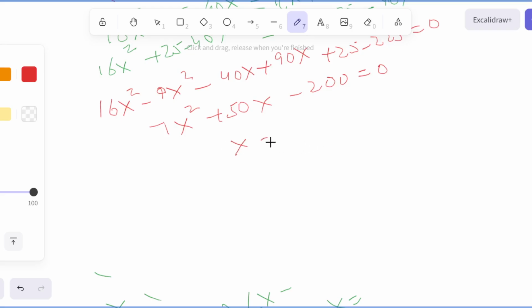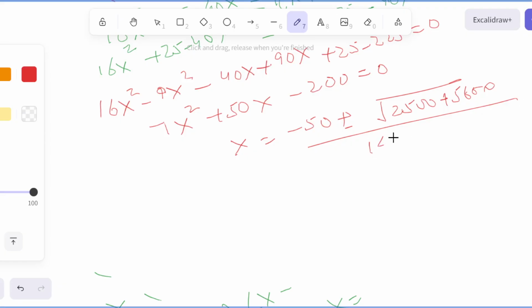So x equal to minus 50 plus minus the square root of 50 squared, which is 2500, minus 4 times 7, which is 28, and 28 into 2 is 56, so plus 5600, divided by 14. Yeah, it will be a little complex, but this is how it is.